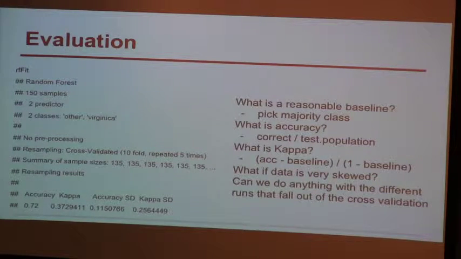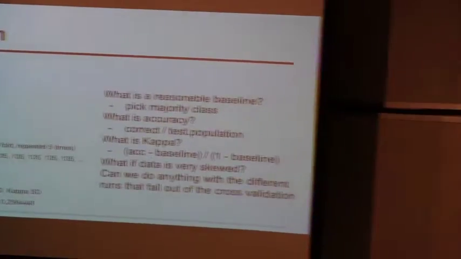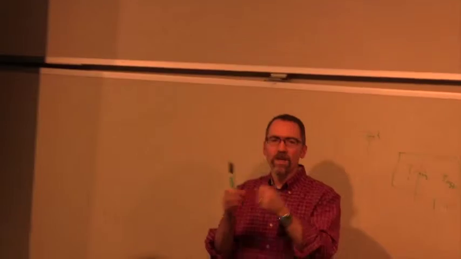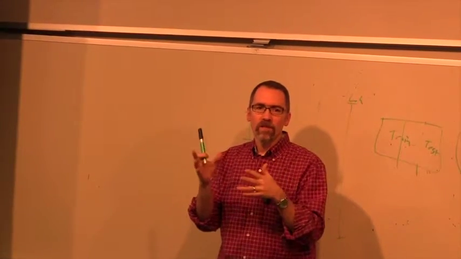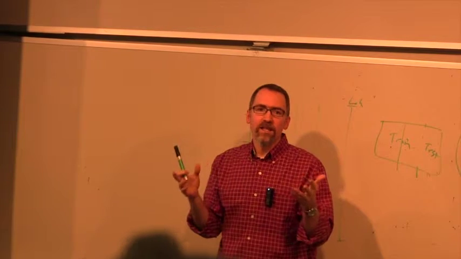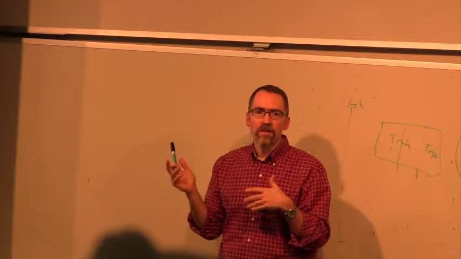So if I have a classifier and it gets, let's see if we can get some round numbers, 77%, it's essentially getting 1/4 of the remaining parts that it could get right over and above the baseline. So it's going to get 0.25 kappa.